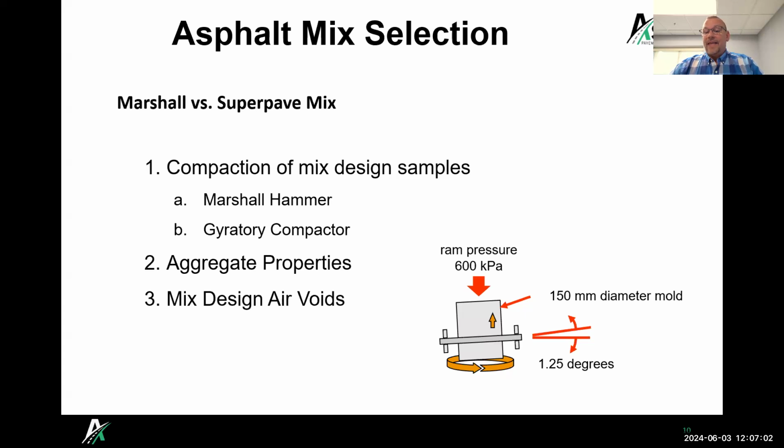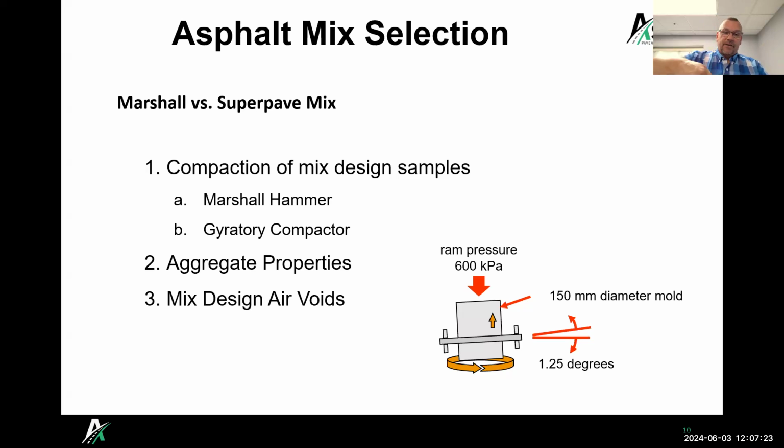And so that versus the gyratory compactor, which is a machine. It imparts a rotational downward force, a certain number of gyrations based on traffic level. So in the slide here, there's ram pressure, 600 kilopascals, and you're rotating that.